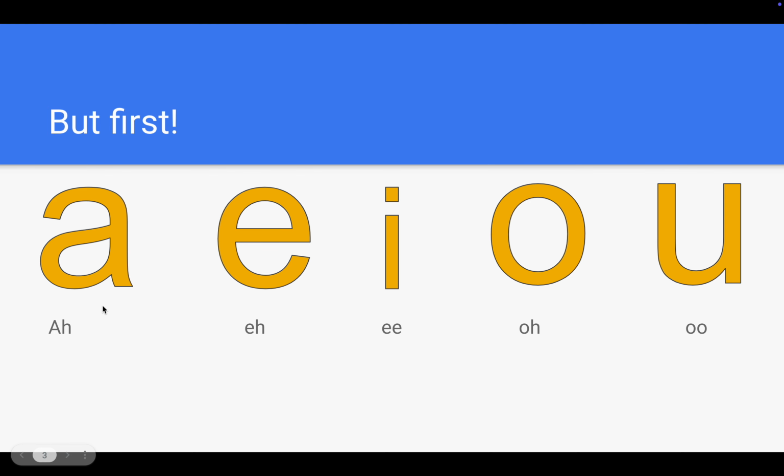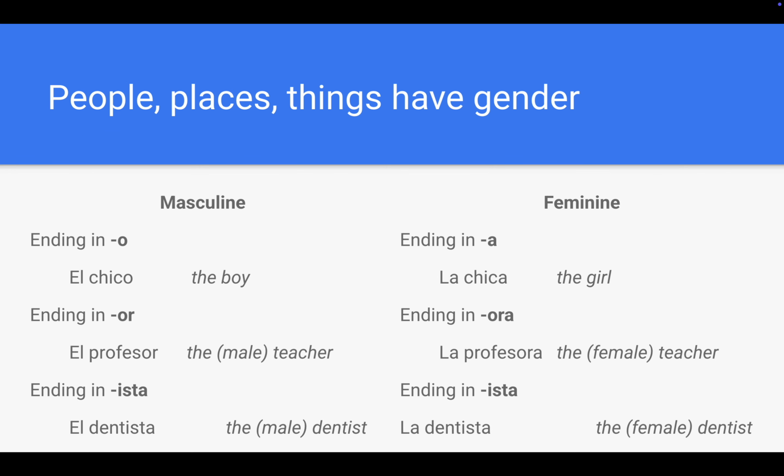So repeat still: A, E, I, A, I, O, A, I, O, U. If you do this multiple times until you know your vowels really well, it'll make your life a lot easier when it comes to pronunciation in Spanish.